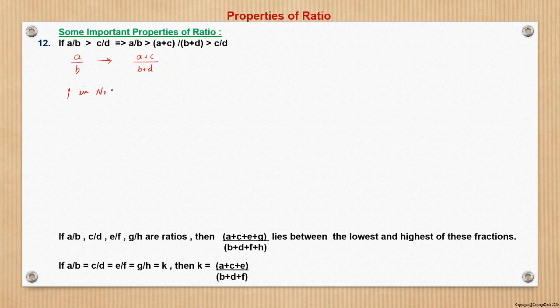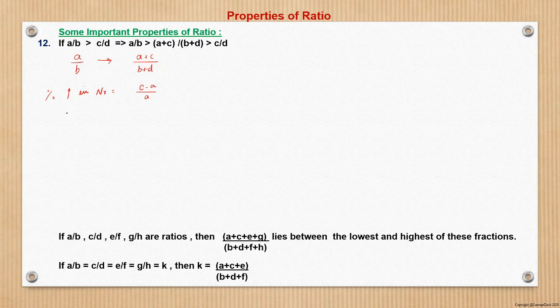It becomes from a to a plus c, and here it becomes from b to b plus d. So the increase is c upon a, which is the percentage increase in numerator.